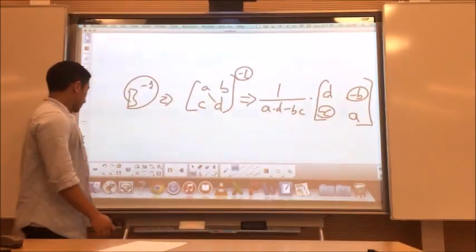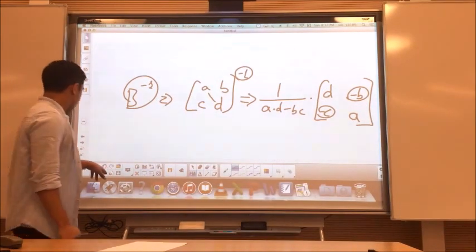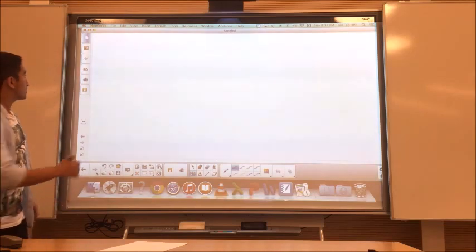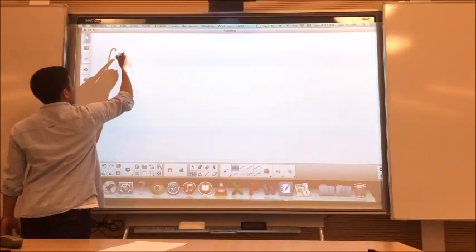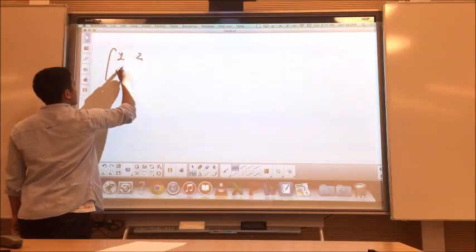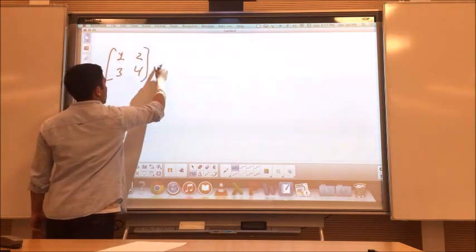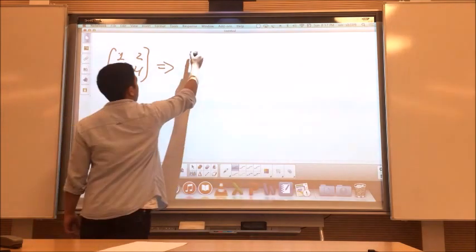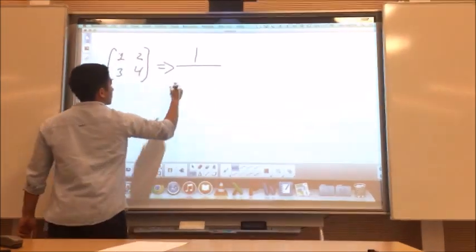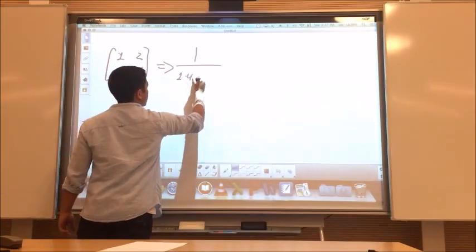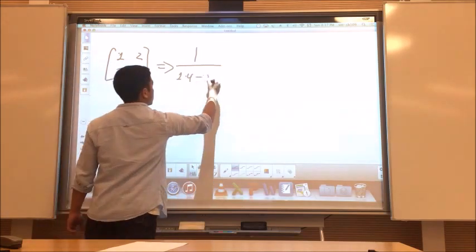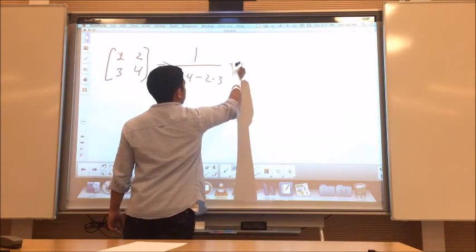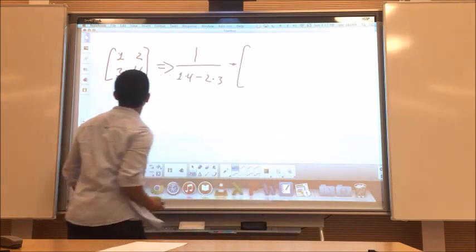And let's see one example, and we will find inverse of this matrix. For example, 1, 2, 3, and 4. How to find it? First, we should find our determinant. As we said before, and multiply it.